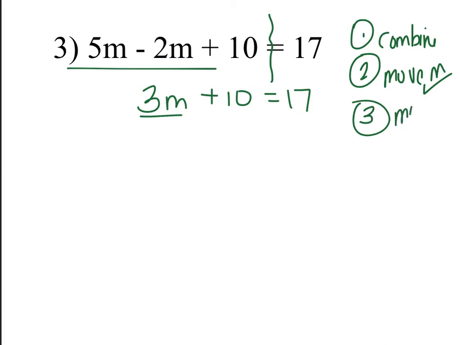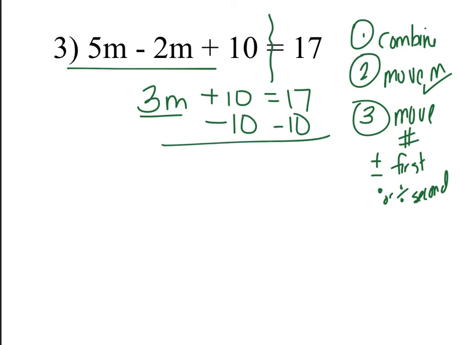Move numbers. And when we move numbers, we add or subtract first, and then multiply or divide second, for our two-step equations. Otherwise you'd have to divide the 10 and the 17 by 3, and that's going to get icky.